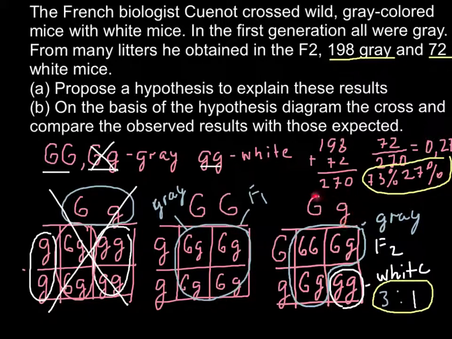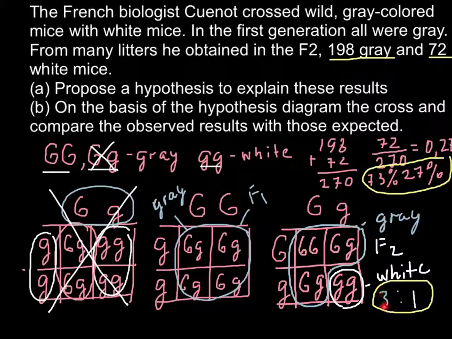And here we have two parents that are heterozygous and both gray, but the progeny of the F2 generation is going to be 3 to 1, or 3 out of 4 would be gray, and 1 out of 4 would be white colored.